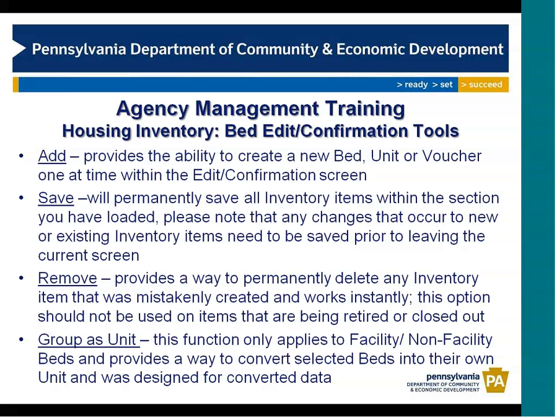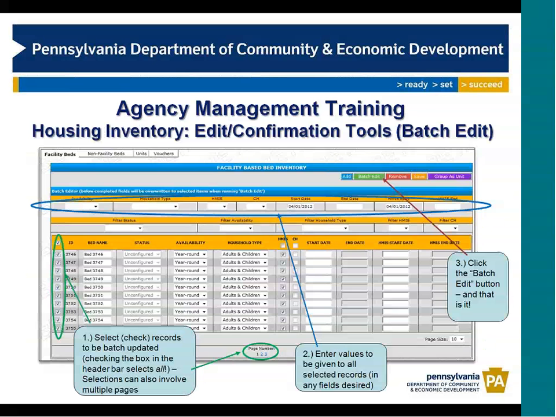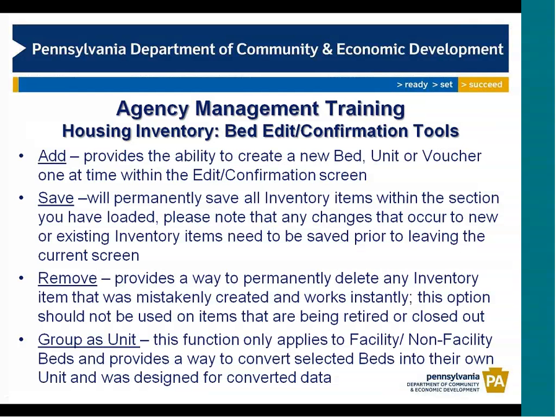There's a remove option, and this actually works in combination with those check boxes that we showed here. Basically, any item that you check, when you hit the remove button, the system will automatically delete them from your inventory. Now, just a note here, and we'll talk about this a little bit more in the maintenance section, on the retiring of beds and the closing out of beds.